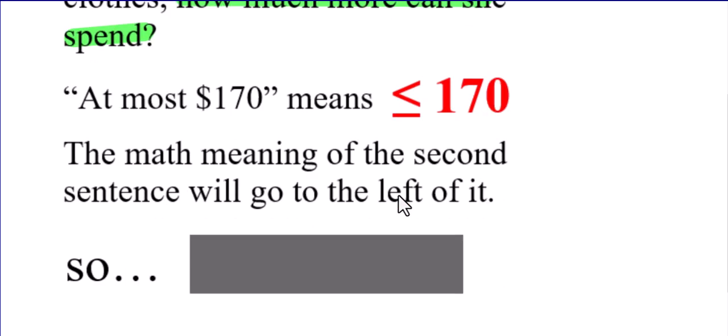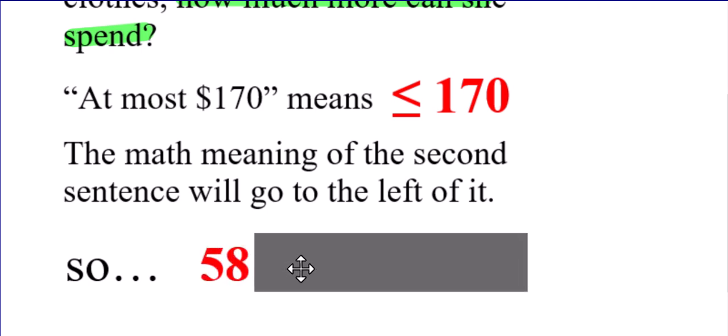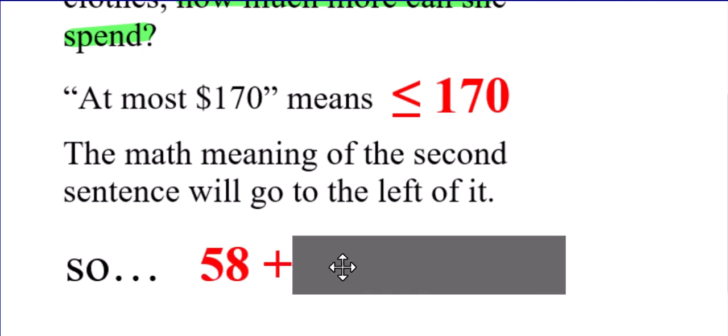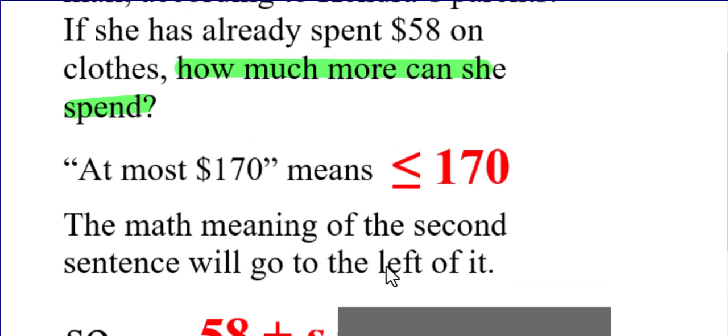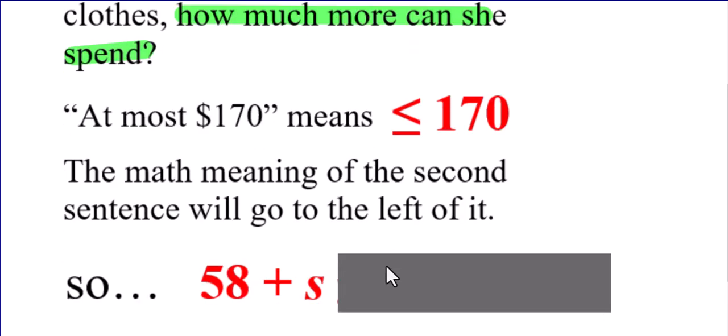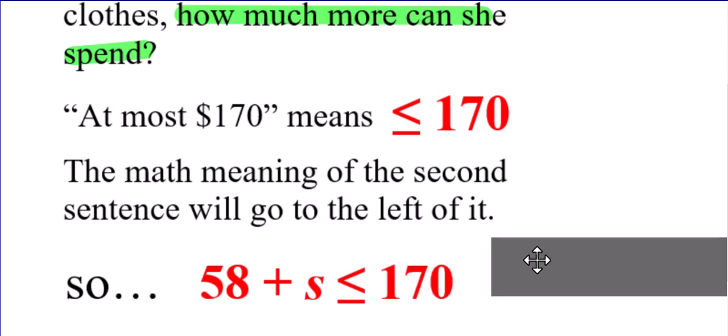You would add whatever you've been buying together to give you the total. So, pencils in your hand, write this down next where it says so: the $58 she already spent plus what she's going to spend remaining, whatever that is, that would be less than or equal to $170.